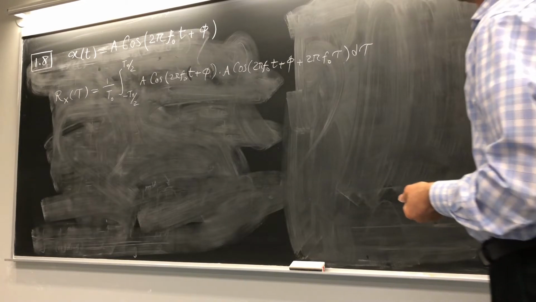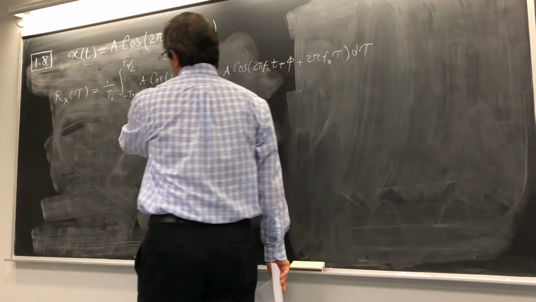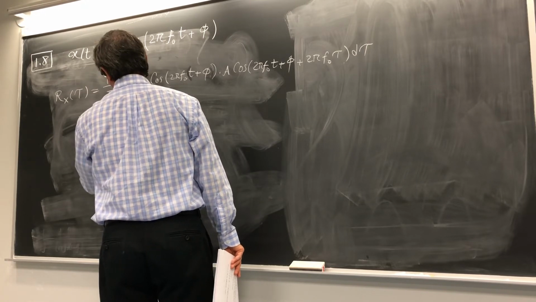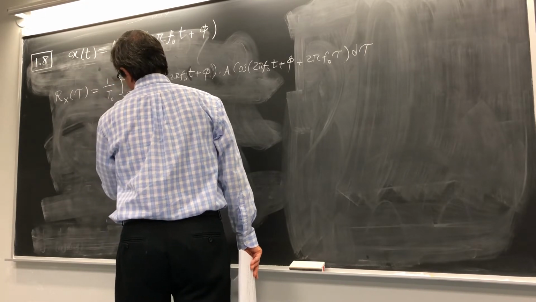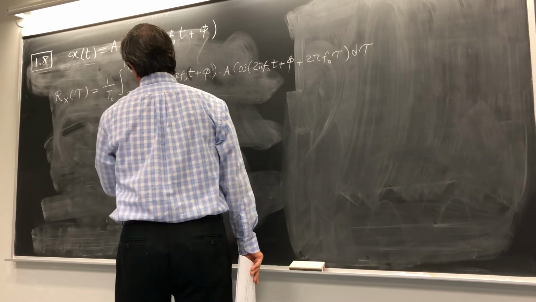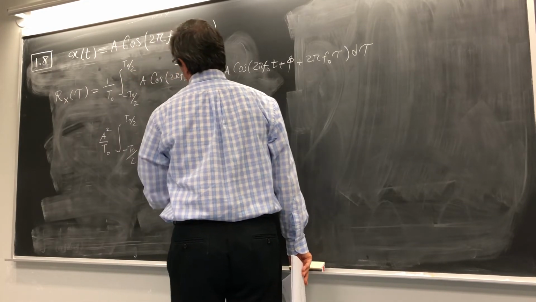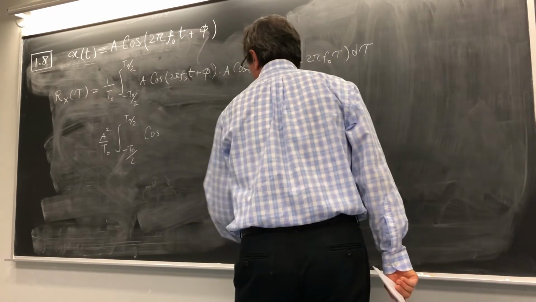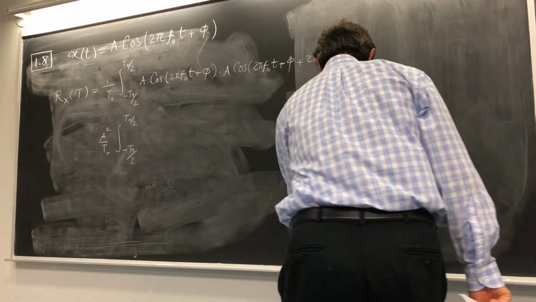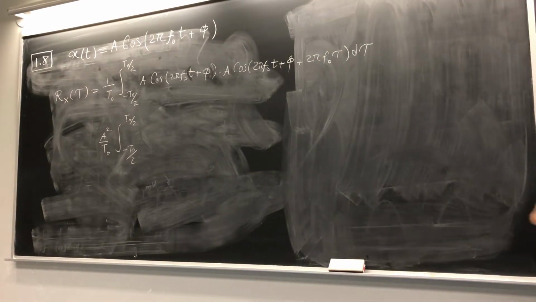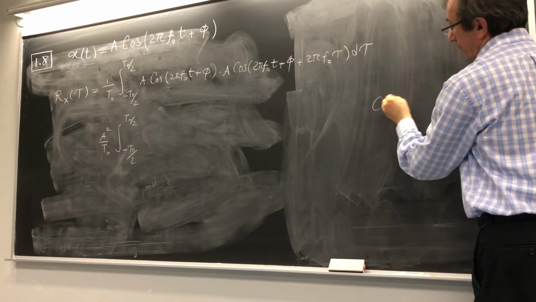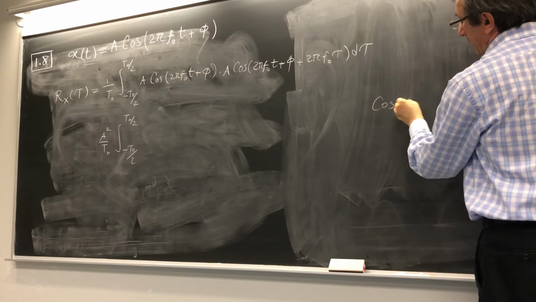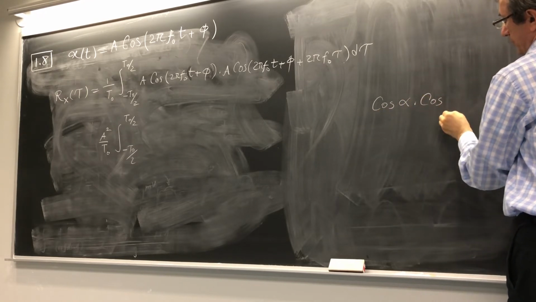So what do we do now? There should be an identity for this. A squared, so let's first come up with something for cosine of alpha times cosine of beta.